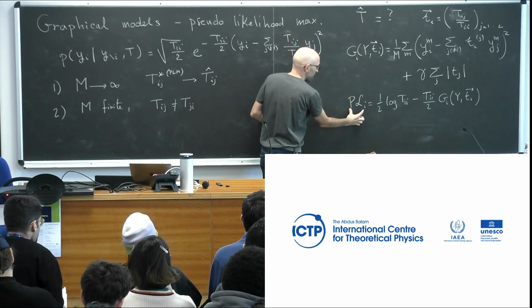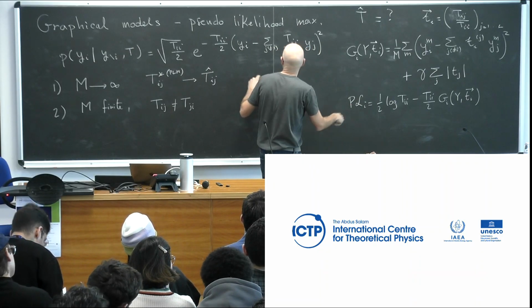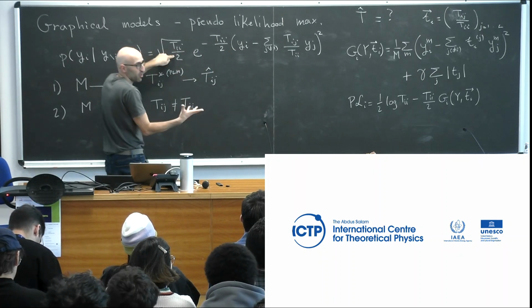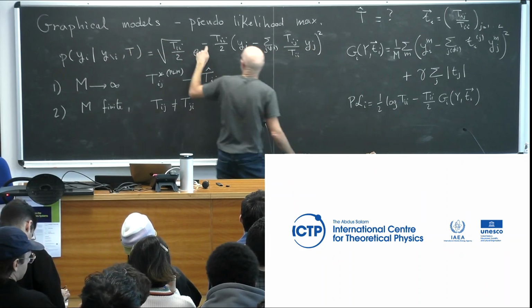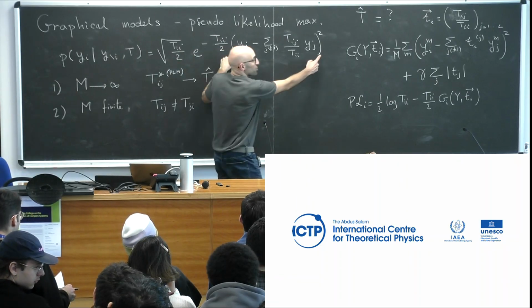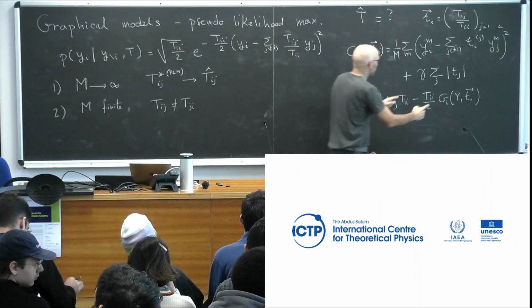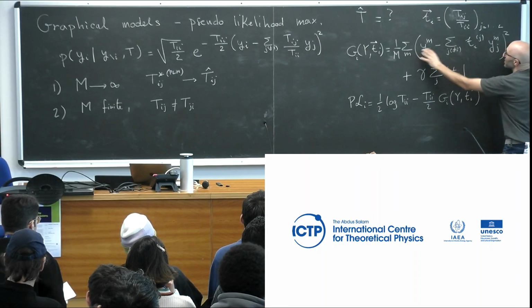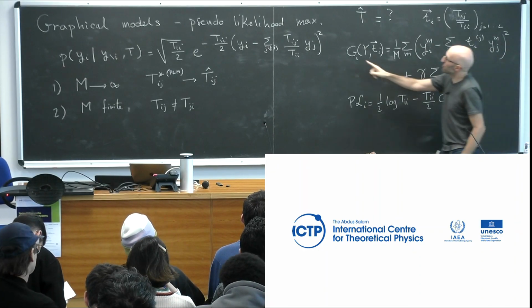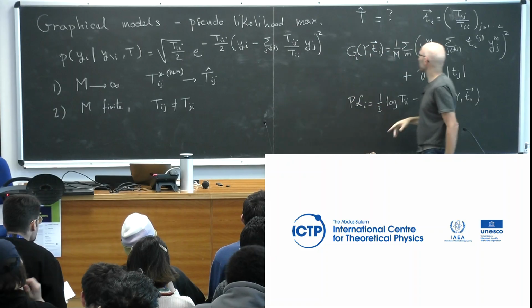When I take the log and I take the average, I get the log of this, which is a constant. So you average a constant and you get this. And then I get minus T over 2 times the average of this. And the average of this, I call it G. So G is the average over the data of the term in square.